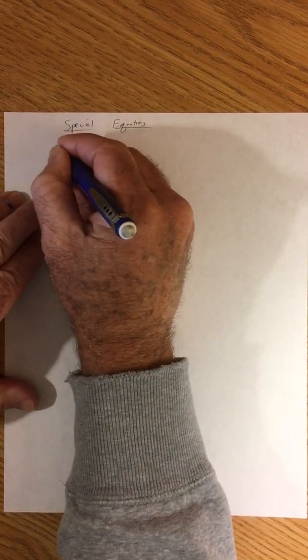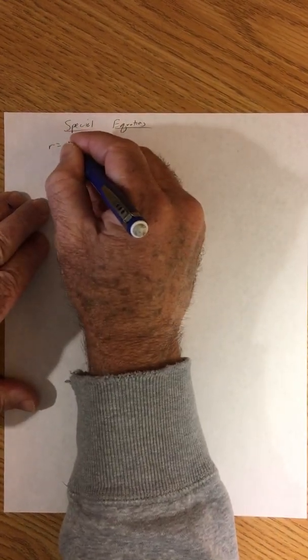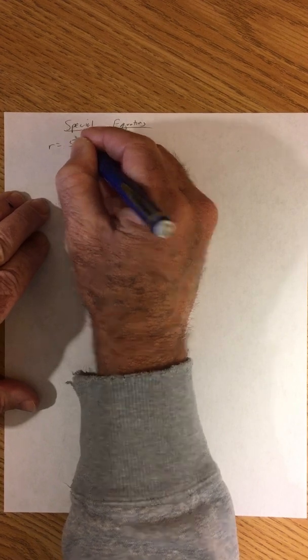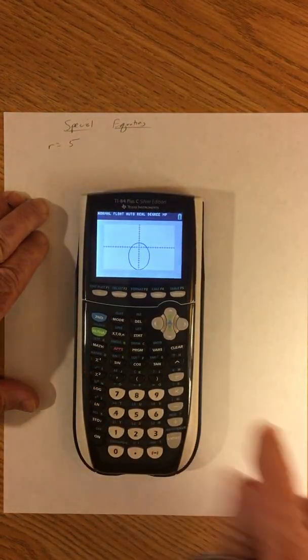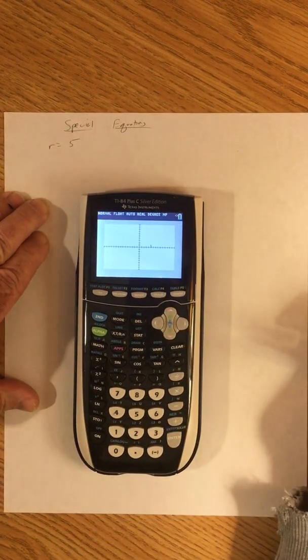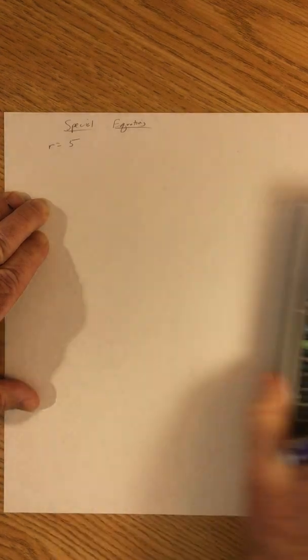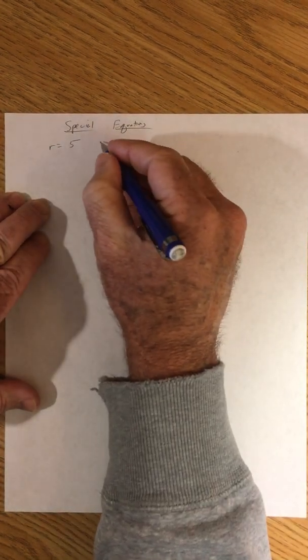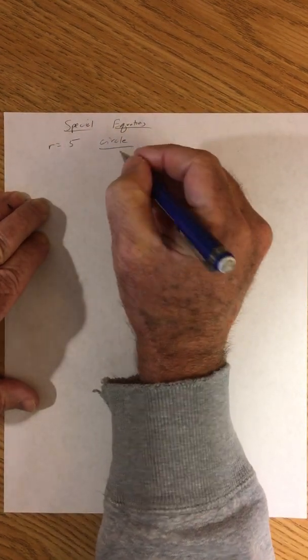All right, there's this one. R is equal to, say, 5. What do you think that looks like? Simple circle. Okay, so R is equal to a constant. It's going to be a circle, and that's about as easy as it gets.